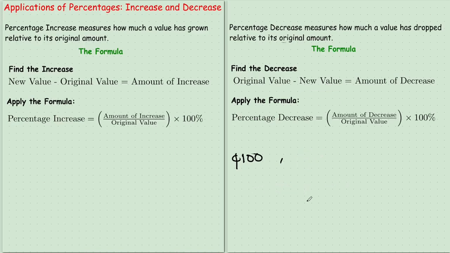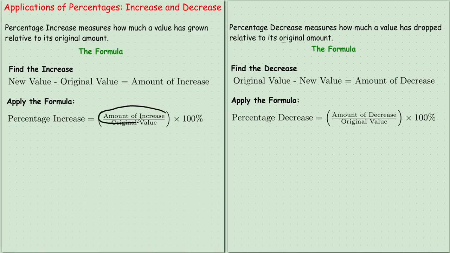So with the increase and decrease, after you find either the increase or the decrease, we now apply our formula to get the percentage increase or the percentage decrease. If you look at it, you realize that it is actually the same formula.